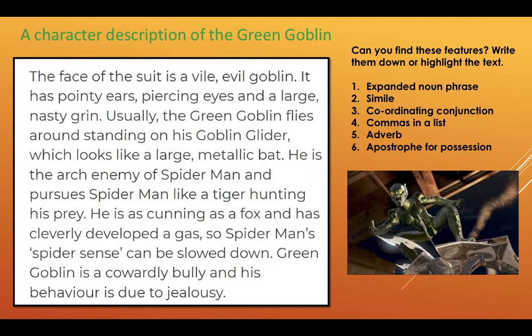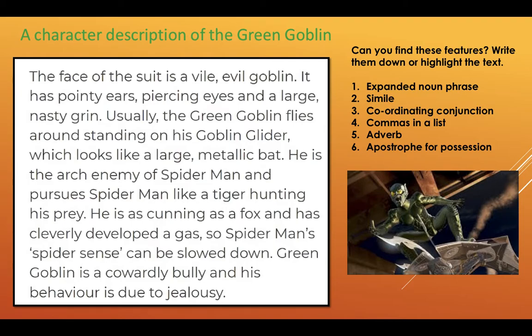Now I've put the worksheet on the website. It is headed the 24th 06/20, writing and identifying features of a character description. You can get this on the worksheet. Rather than write them out, you could just highlight or underline. If you see at least one expanded noun phrase, just underline it or colour it.